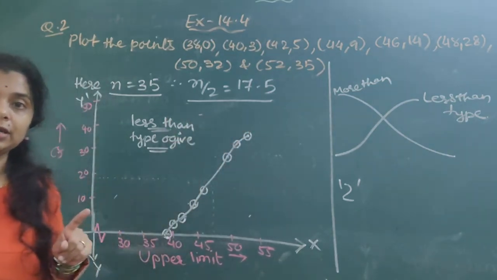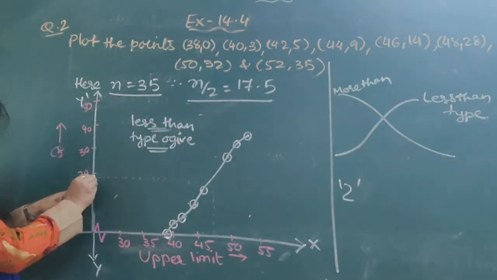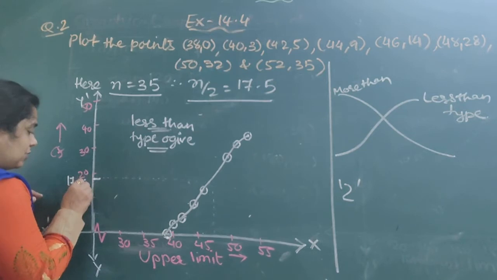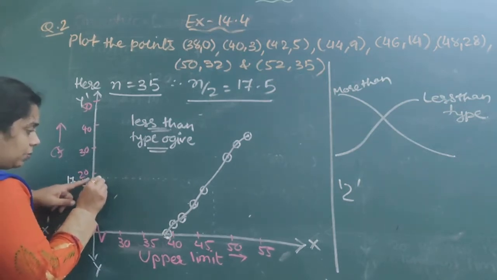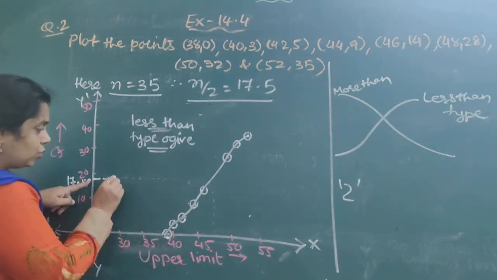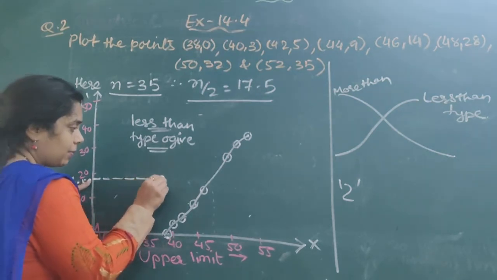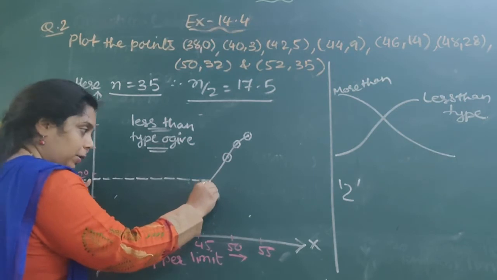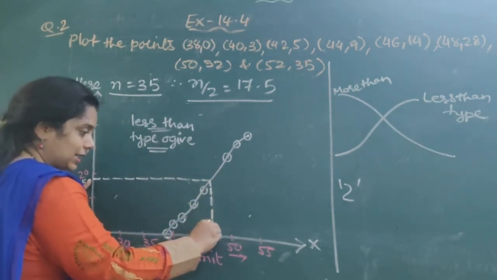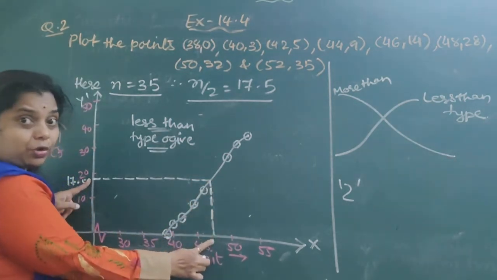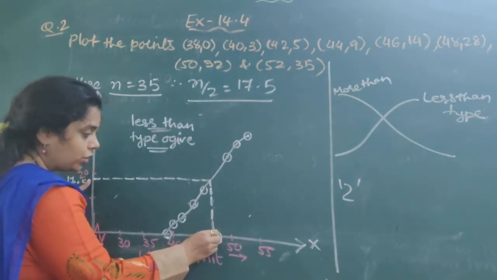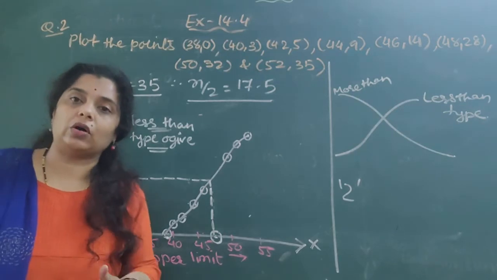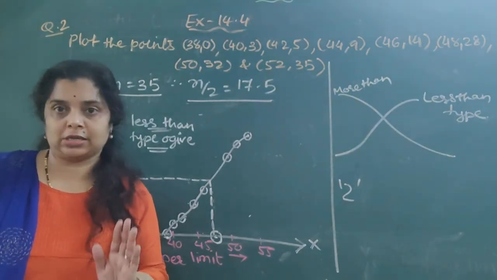So we take 17.5 and draw a line parallel to the x-axis, and then a perpendicular line to the x-axis. The intersection point on the x-axis is our median of the given distribution data.